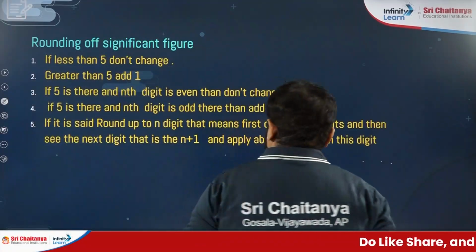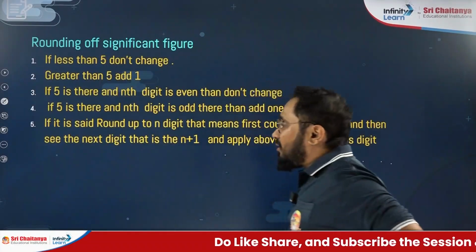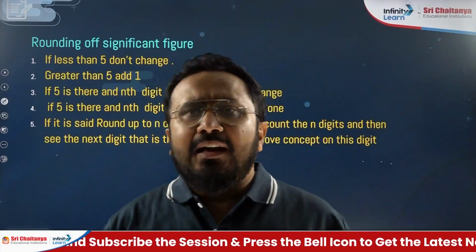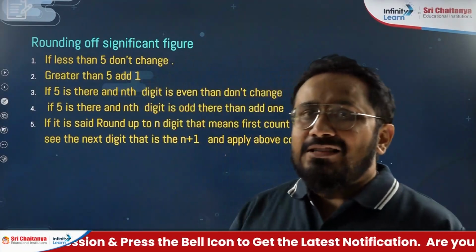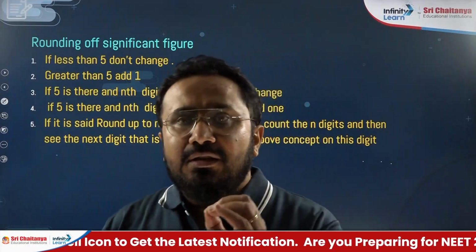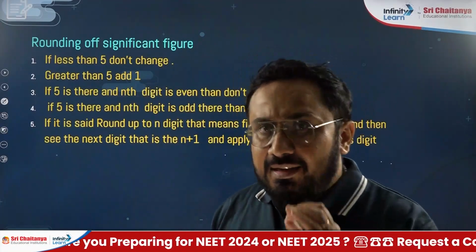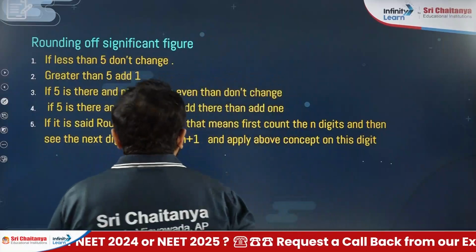Let's talk about the significant figure. Before proceeding further, I must tell you that if they ask you to find the answer up to the third significant figure, then 3 is your n.